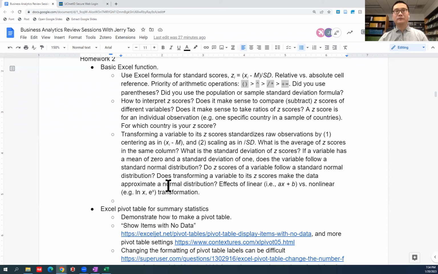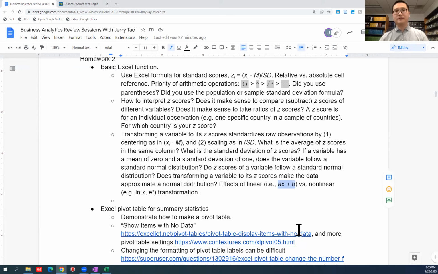In fact, it won't change the distribution it follows. This is where the effects of linear and nonlinear transformation have different impacts. Our z-score is simply a linear transformation in a form of this.